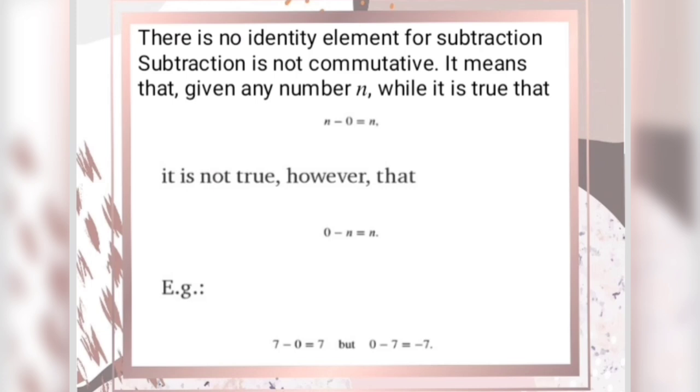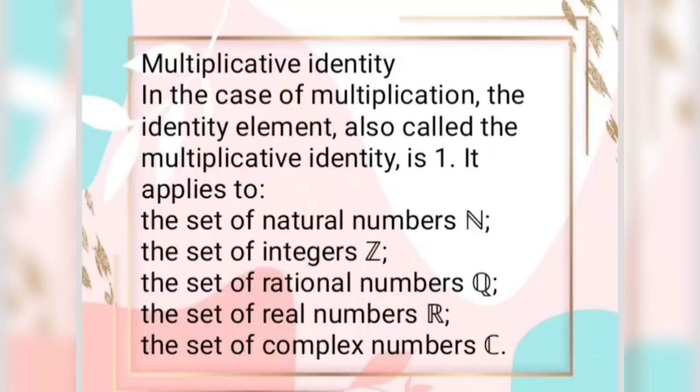For example, 7 minus 0 equals 7, but 0 minus 7 equals negative 7. Therefore, the double condition that makes 0 the identity element for addition is missing for subtraction.